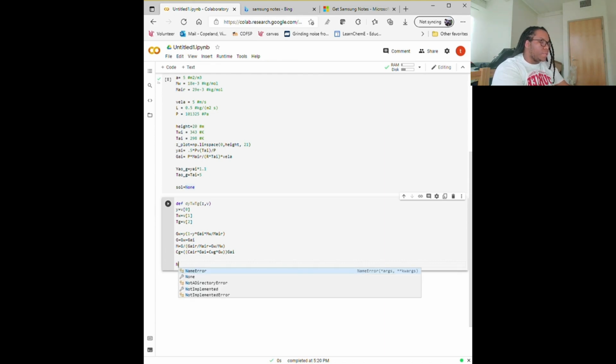It's going to be equal to our mass transfer coefficient divided by our R divided by our temperature of gas times, what's it multiplied by?